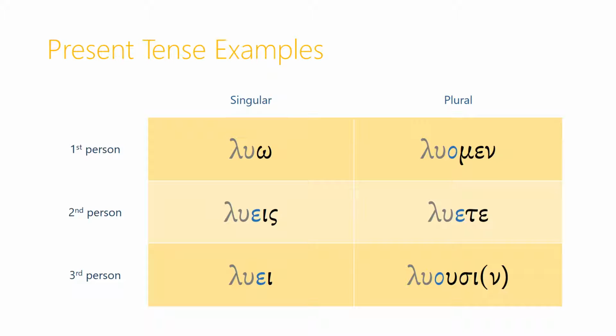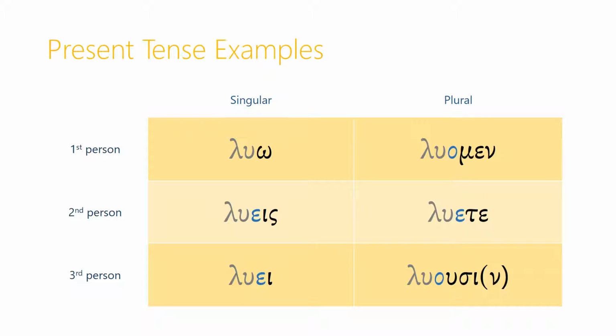In the plural, the first person would be luomen, and that would be we are setting free. The second person plural would be luete, and that would mean you, plural, are setting free. And the third person plural would be luousi, or luousin, depending on what letter begins the following word. And that would mean they are setting free.